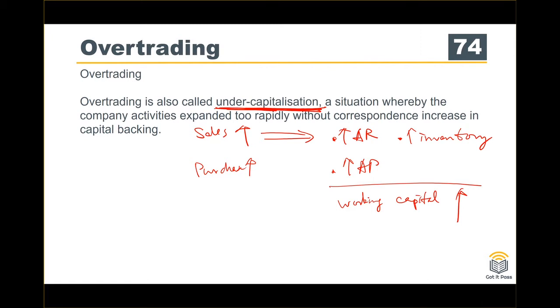It means you need to finance it with more cash. If you don't have any cash or financing plan, you may utilize your OD, the overdraft facility. If your overdraft increases sharply in line with your account receivables and inventory, it means the company has some symptoms of overtrading.